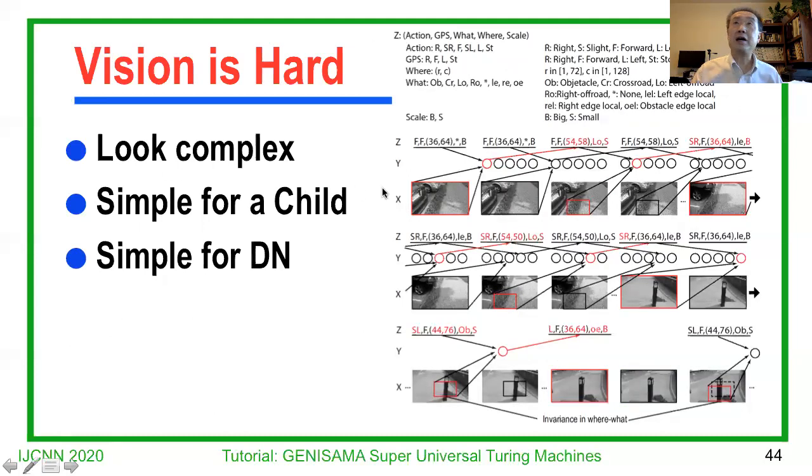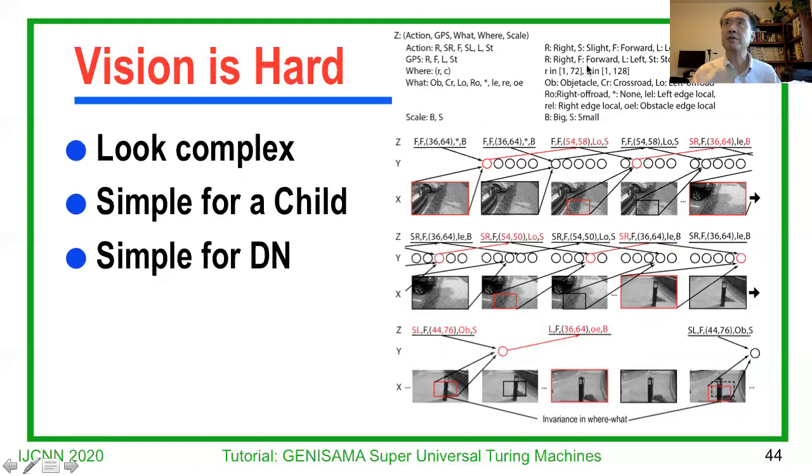Then in a real situation, suppose I have Z, you have GPS, you have where, location, you have what, you have GPS, which direction to move, and you also have other actions like stop, turn left, slide to the right, or right, left, all those things, and it's very, very complex here.